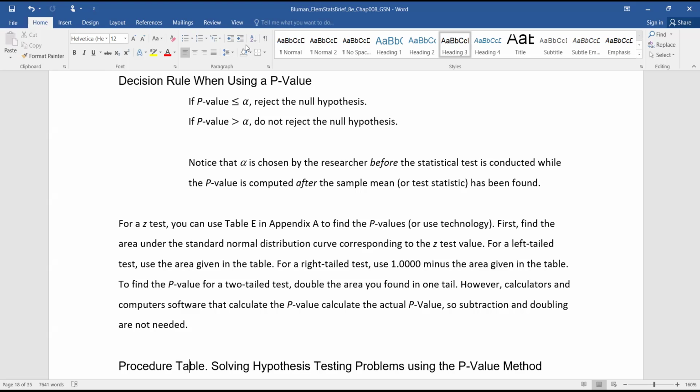For a right-tail test, use 1 minus the area given in the table to find the probability value. For a two-tailed test, double the area you found in a one-tailed test. However, computer software that calculates p-values gives the actual p-values, so subtracting and doubling are not needed. We're again using table E, so we will be needing that.